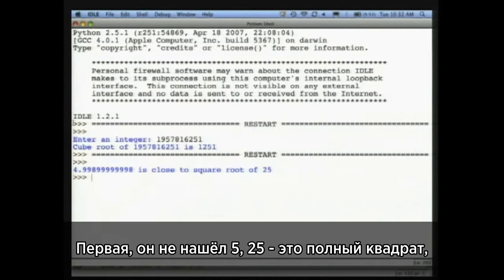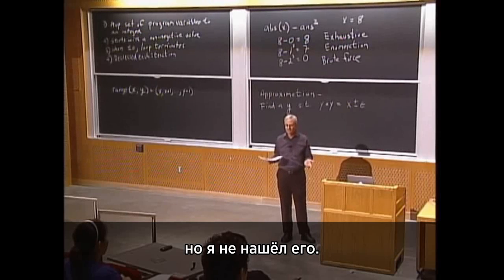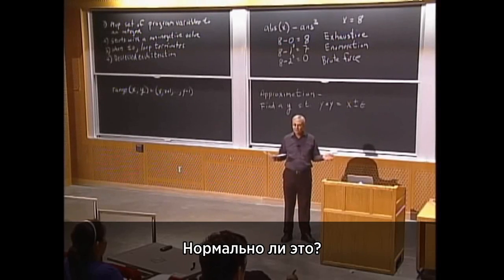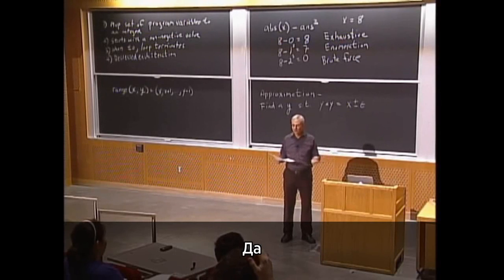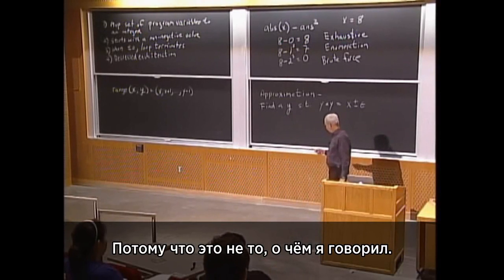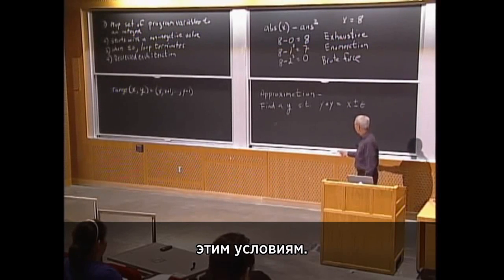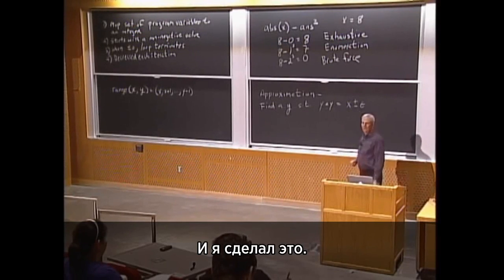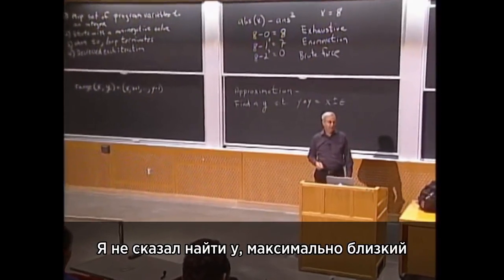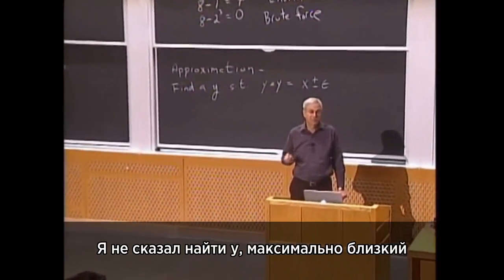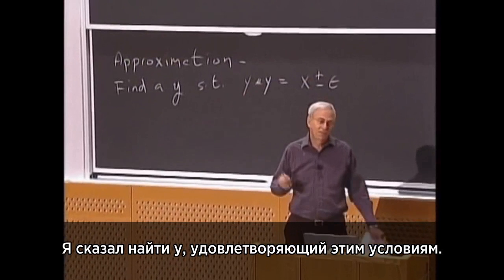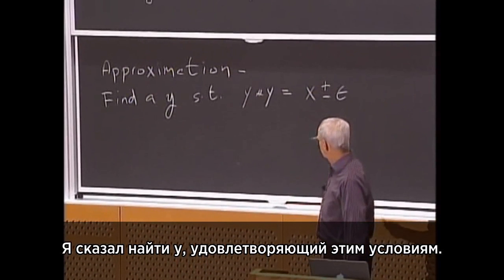First, it didn't find 5. 25 happens to be a perfect square, yet I didn't find it. Is that okay? Yeah, because that wasn't what I said. What I said is, find a y that has these properties over here. And I did. I didn't say find the y that gets closest to the square root of x. I said find one that has these properties.